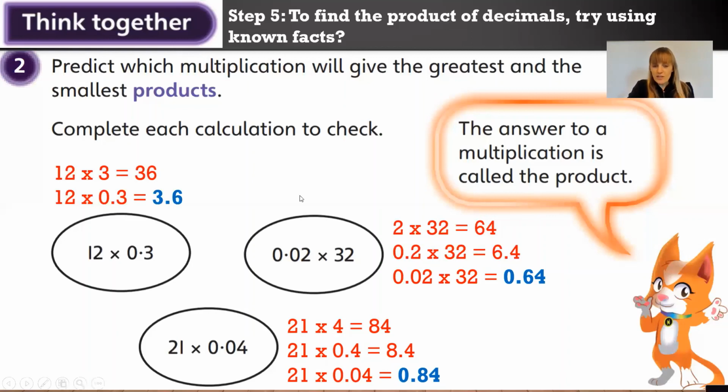Well, our smallest answer is this one here, isn't it? 0.64, because it's got the least amount in the tenths column, and it has no ones. So our largest is 3.6 because that's got 3 ones. Instantly, it's bigger than the other two because they have a 0 in the ones column. So it would go 0.64, 0.84, and then 3.6 would be our largest product.